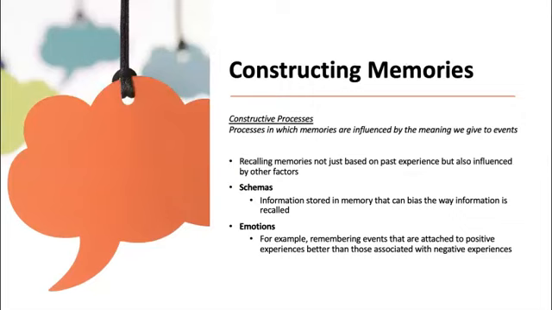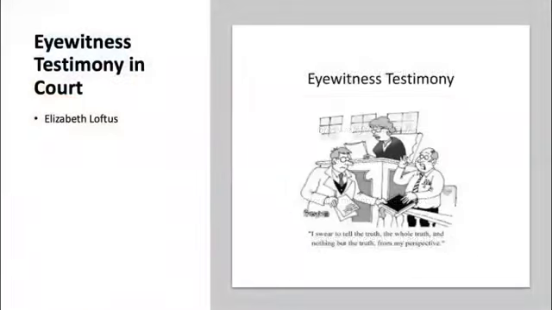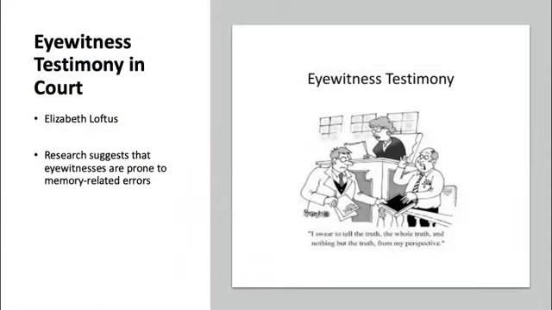So these factors that influence our memories can actually even lead to false or inaccurate memories altogether. And in fact, false memories have occurred many times in the case of eyewitness testimony, right? And this is really problematic because the justice system often relies on eyewitness testimonies for convictions, right?